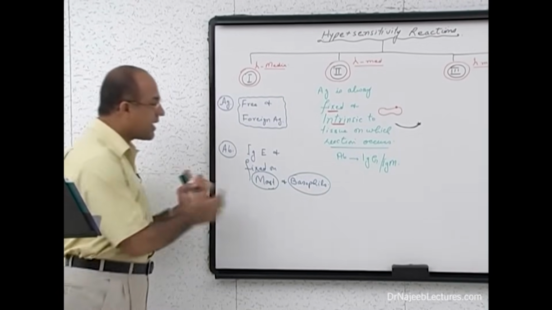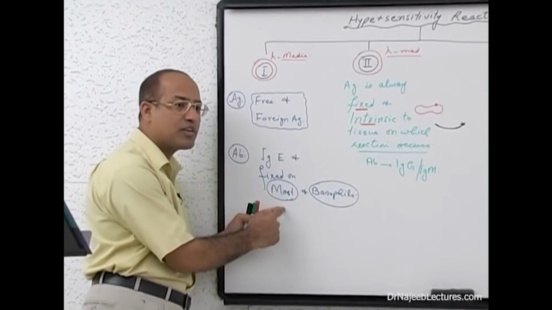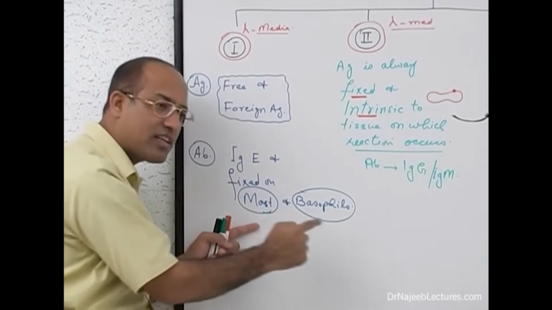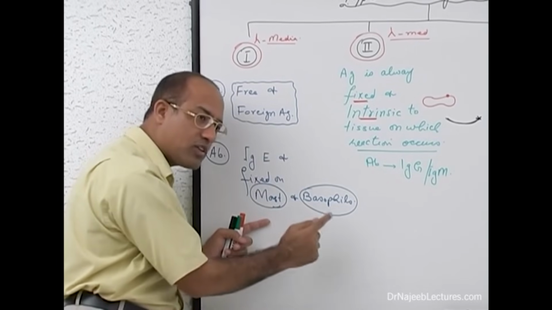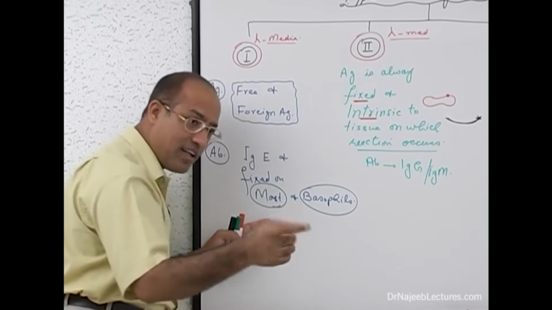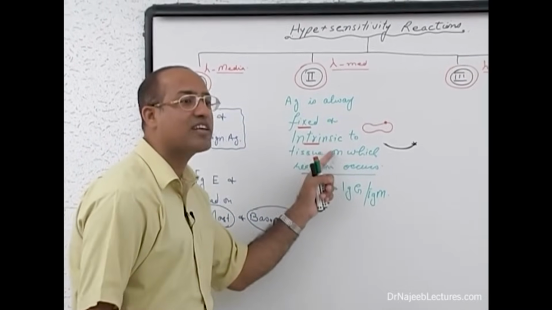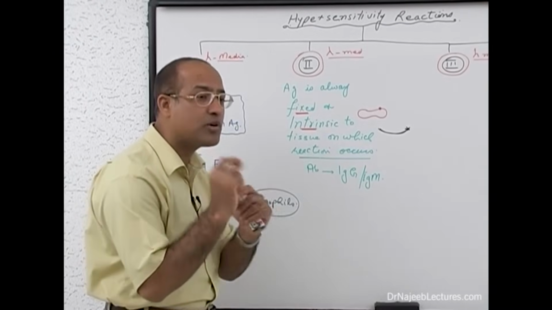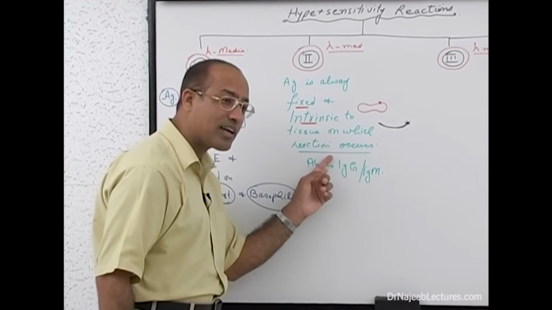Now listen, here the immune complex will form where? On the mast cell, because the antibody is sticking to the mast cell and basophil, so the antigen has to come to the mast cell and basophils. So antigen and antibody will react only on the surface of mast cells and basophils. But in type 2, because the antigen is fixed, the antibody has to come to the target cell or tissue. So the antigen antibody reaction will occur only on the target tissue.